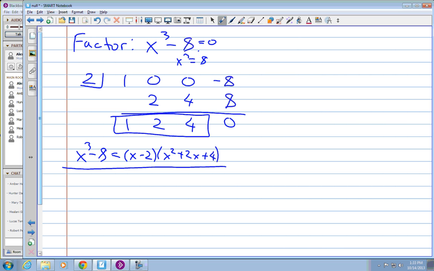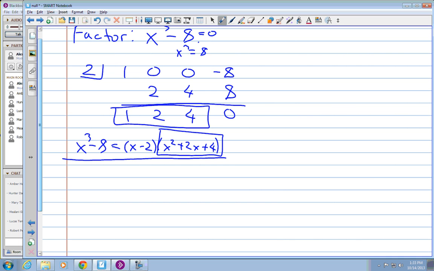But it'll give you that one real root. It doesn't give you the imaginary ones. You can do this with any sum or difference of cubes. If you know the real one, you do the synthetic division, and you'll get the quadratic that can always be solved. We can always solve quadratics.